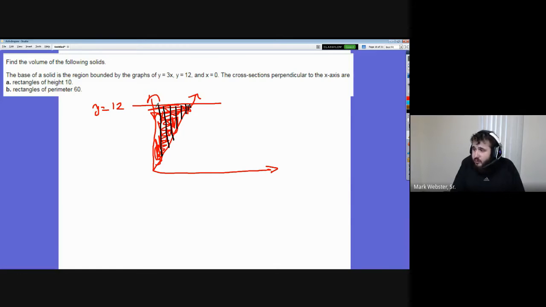Well, it always ends at 12 and it always starts at y equals 3x, right? So for here, our base, we're going to need a height too, because we're doing a rectangle, base times height, right? Our base is just like what we were doing on Tuesday with the regions, right? 12 minus 3x.